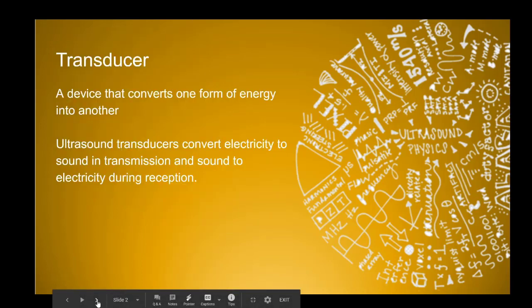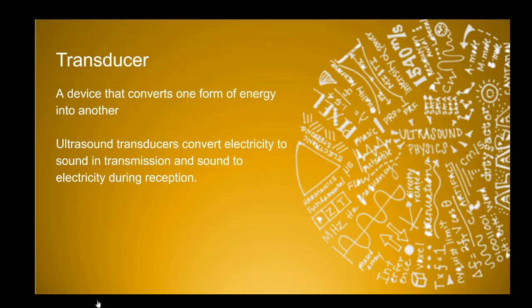So what is a transducer? Well, we know that a transducer is a device that converts one form of energy into another form of energy. When we think about car engines, you put gasoline in and it turns it into kinetic energy, so chemical energy is being converted into kinetic energy. Humans, we eat food and then our muscles do things and they move us.